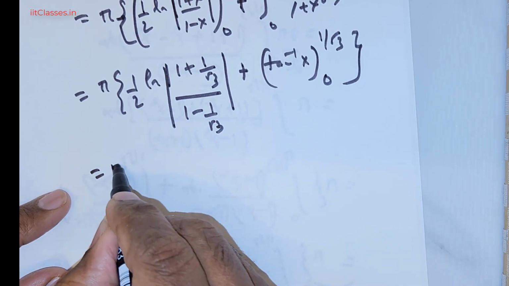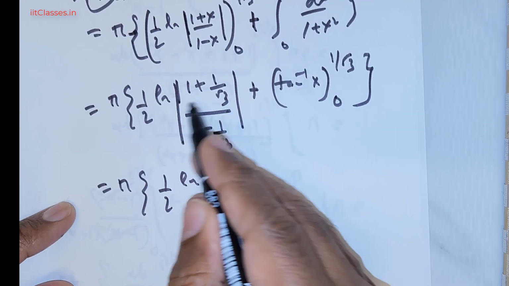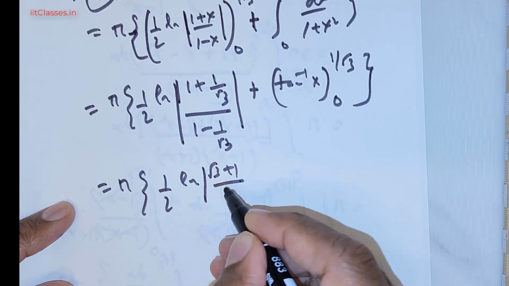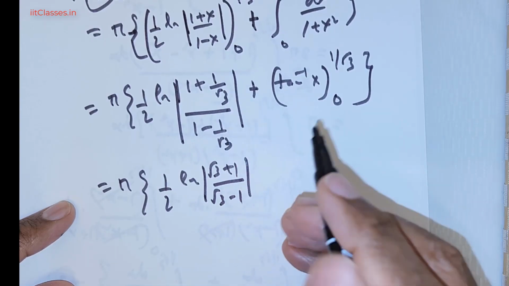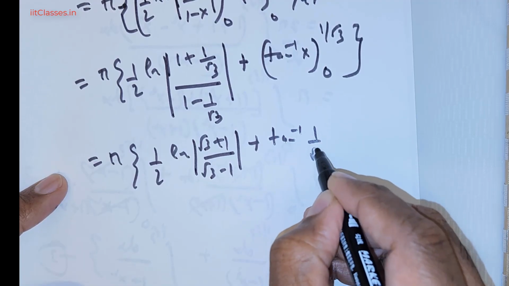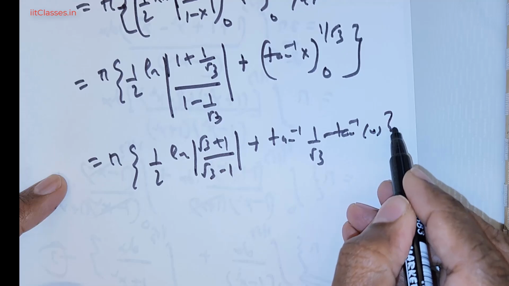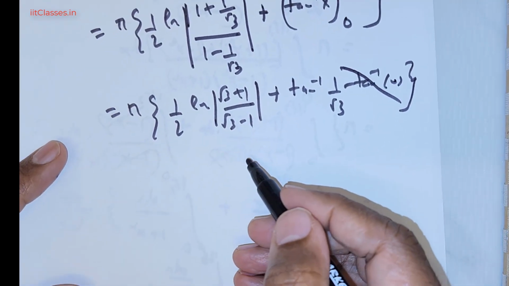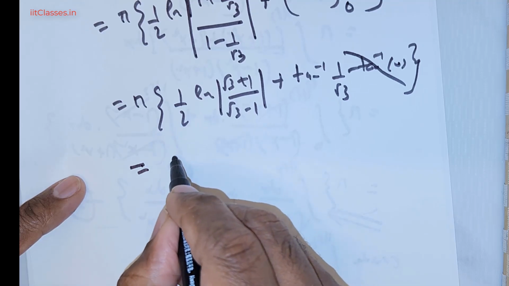So if I were to read that, this is pi times 1 over 2 times ln modulus of (root 3 plus 1) divided by (root 3 minus 1). So root 3 gets cancelled, and this is going to be tan inverse of 1 over root 3 minus tan inverse of 0. So this goes off, this alone remains, okay?